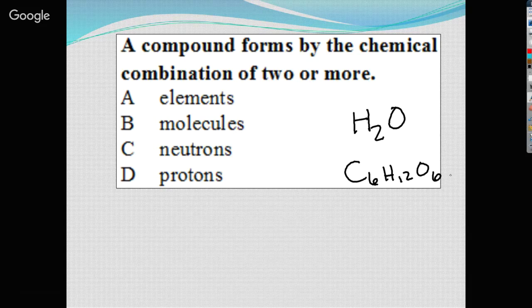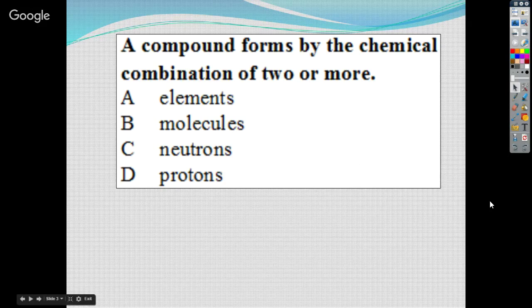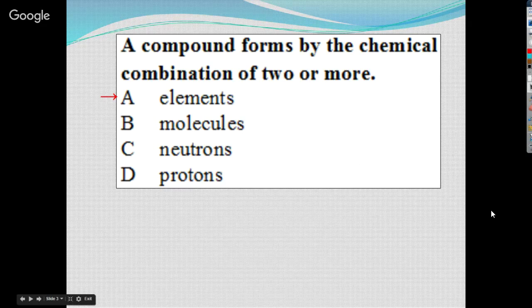Is that a compound? Yes, it's definitely 2 or more elements. Okay, so just keep that in mind. A compound is when you have more than one element to make something new. That's all a compound is. And we're going to be looking at that a little bit more today. Just make sure you know that definition. A compound is 2 or more elements that make something new.